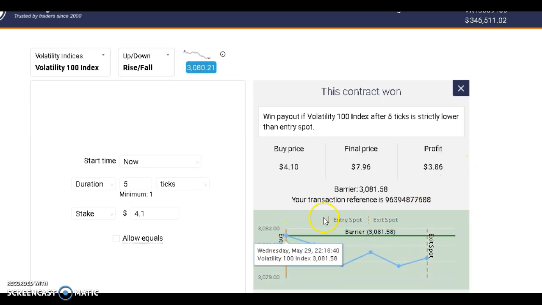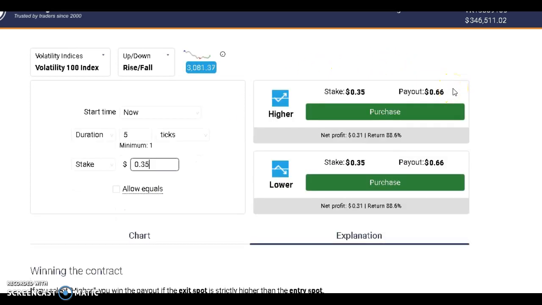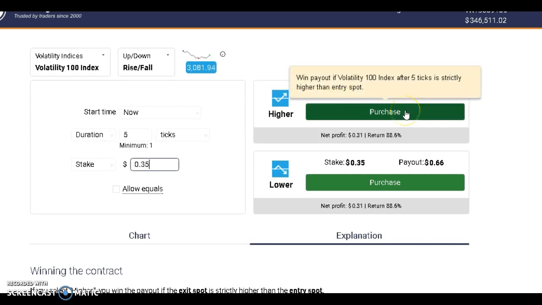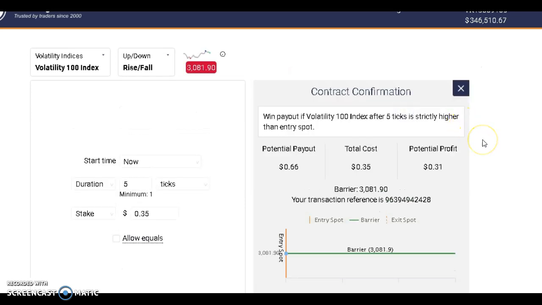All the other losses were because I did not watch it too well. So anytime you make a win, you go back to the initial stake.